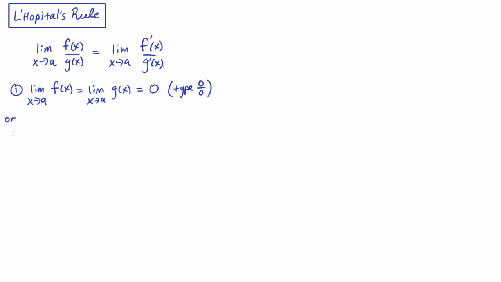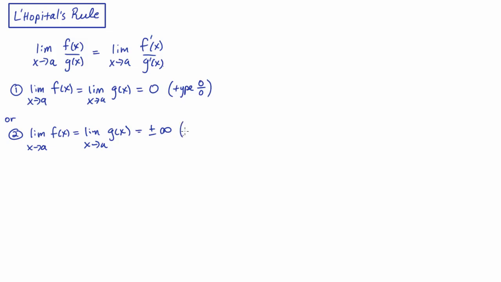You could have that type of indeterminate form, or you could be dealing with the limit as x goes to a of f of x equals the limit as x goes to a of g of x, and those limits are plus or minus infinity. Now it's probably not kosher to use equal here when this one could be negative and this one could be positive, but they're both infinite limits.